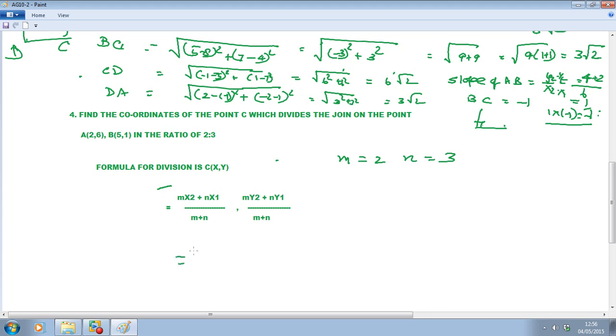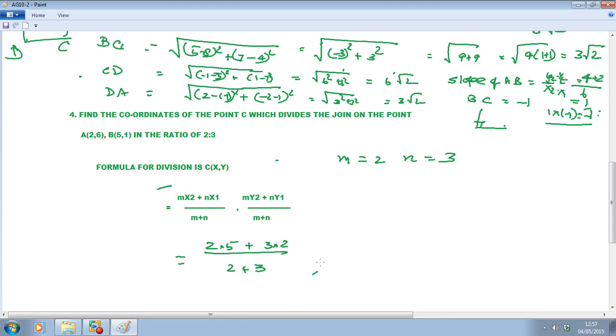What is M in this case? 2. 2 multiplied by x2. X2 is 5. 2 multiplied by 5 plus N is 3. 3 multiplied by 2, divided by M plus N, 2 plus 3.